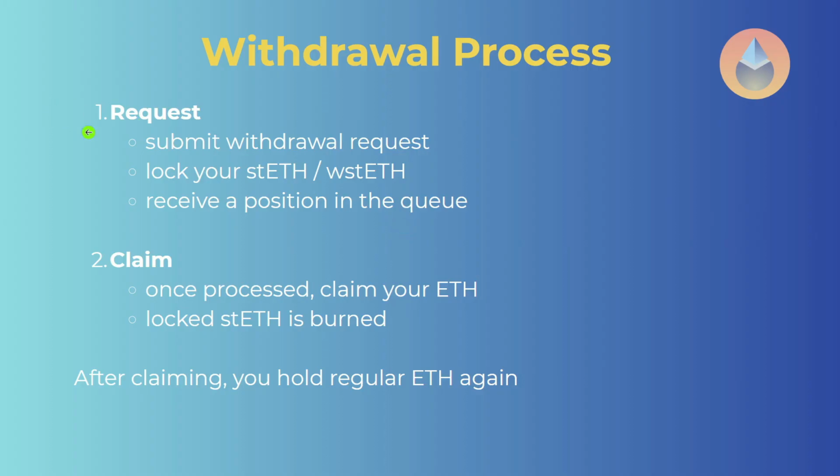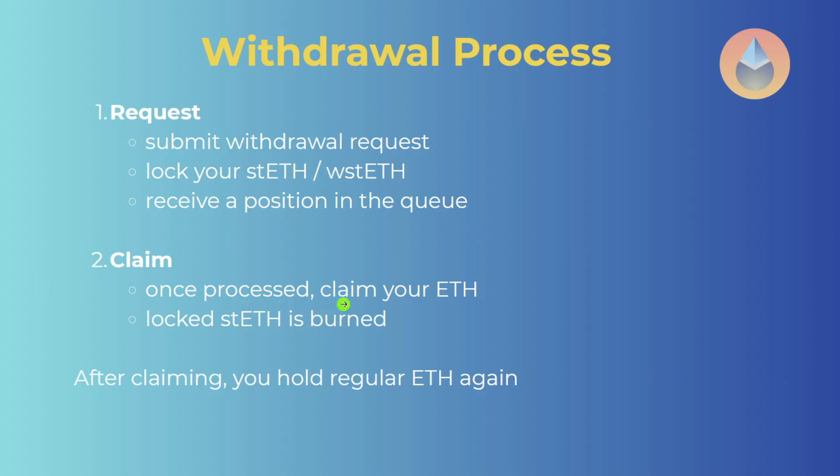So how does this withdrawal process work? The first step is the request. We submit the withdrawal request. We lock our stETH or wrapped stETH. We receive a position in the queue, and here we also get an NFT to register this position. Then we claim.